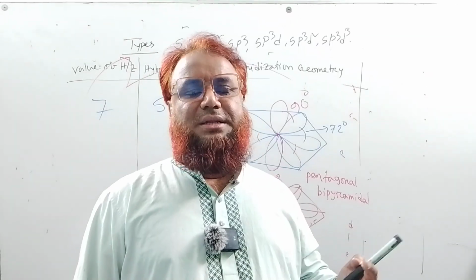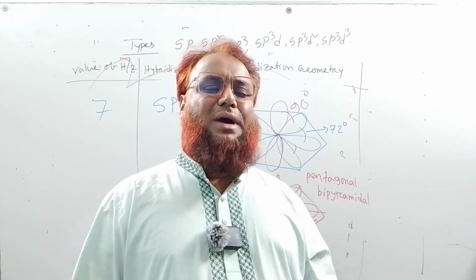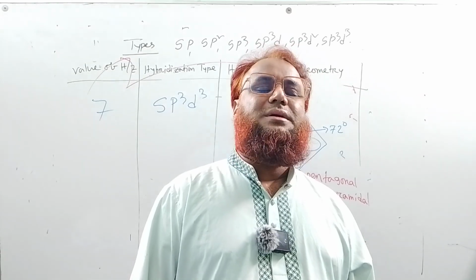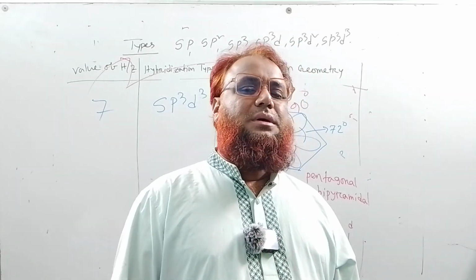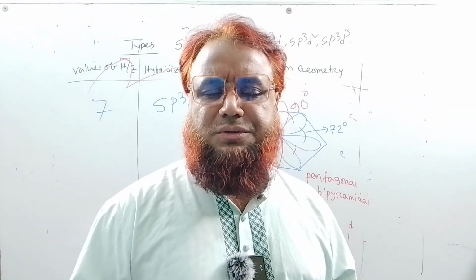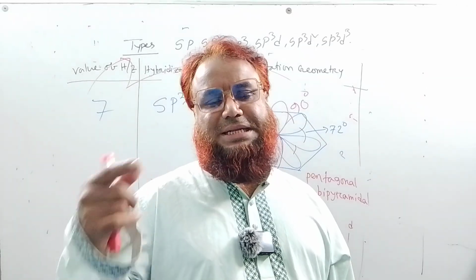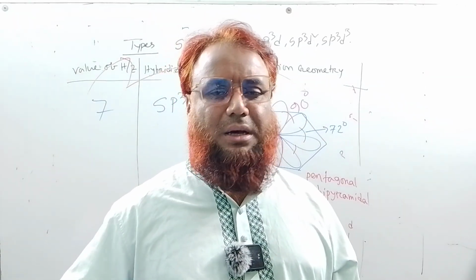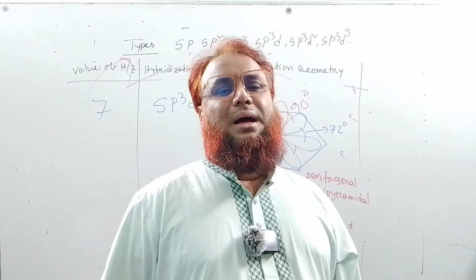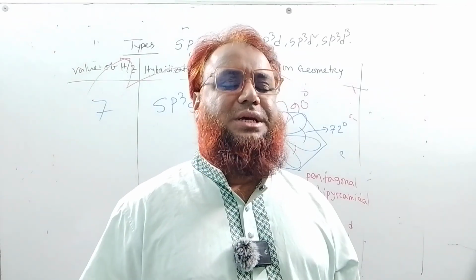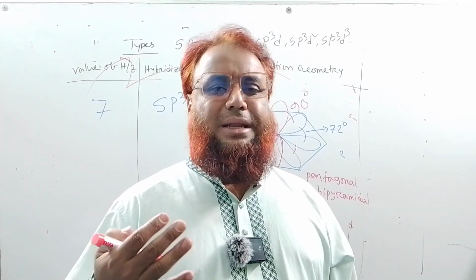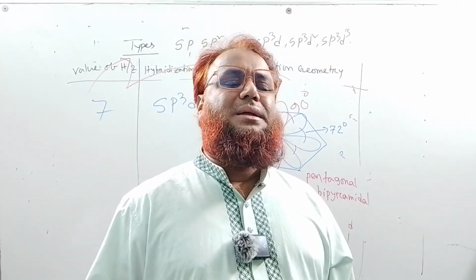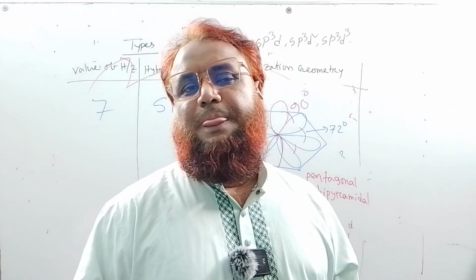It is very difficult to cover all the concepts in one lecture. So we will discuss them later, in the upcoming videos, in detail: sp, sp2, sp3, sp3d, all with examples. And if you have any question, any suggestion, any advice, you can provide me in the comment section.